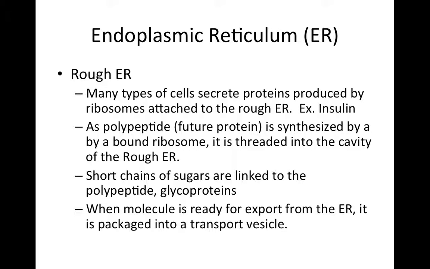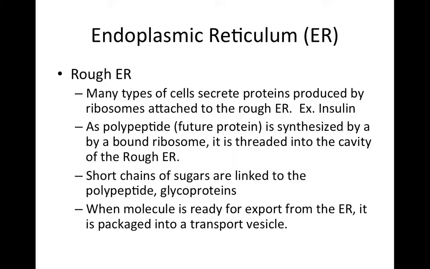Insulin goes through the standard translation process. The DNA code for insulin gets transcribed and translated, and as the translation is occurring, the ribosome will not make all of the insulin out in the cytoplasm.